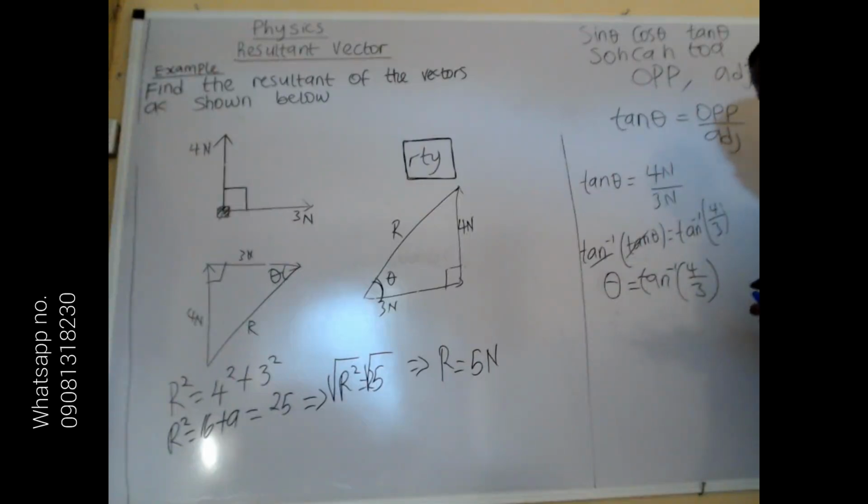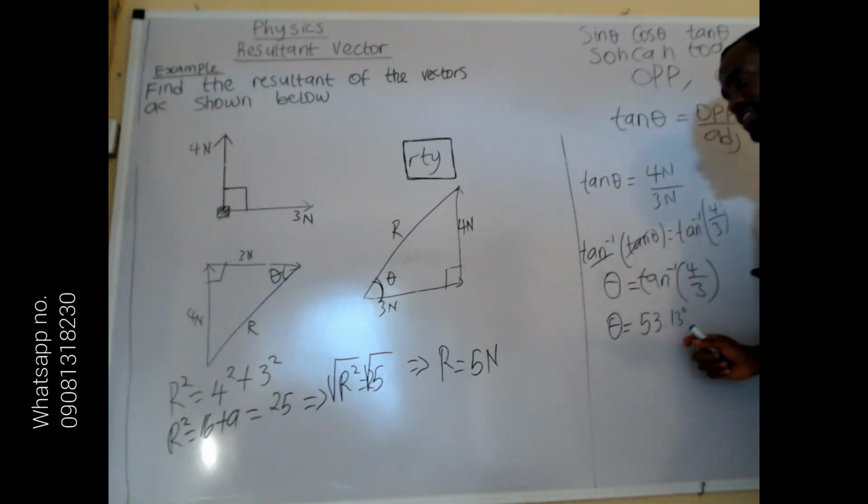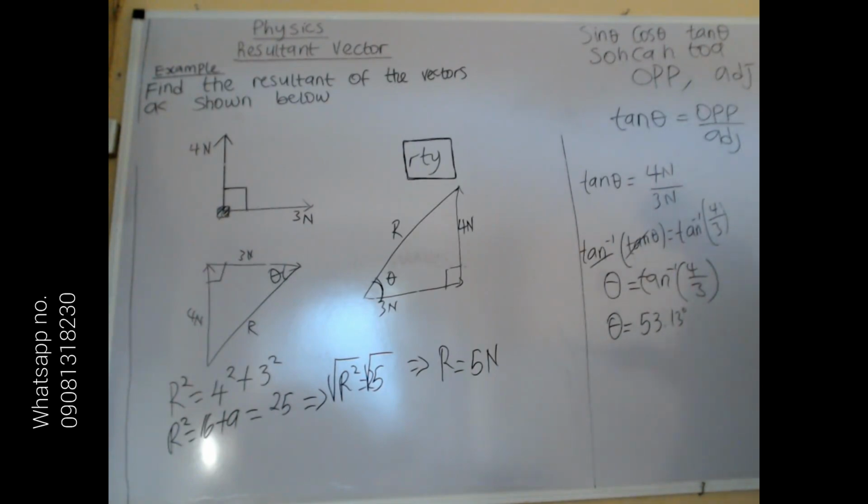So if you divide 4 by 3 and you take the inverse of tan of that, you get theta equals 53.13 degrees to 2 decimal places.